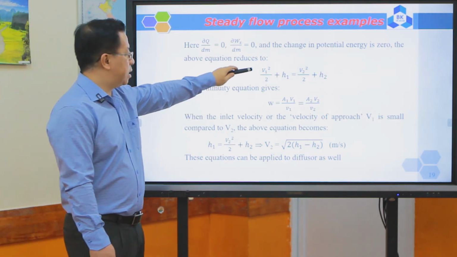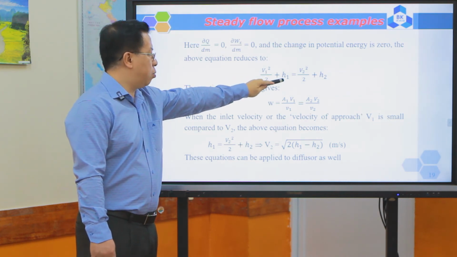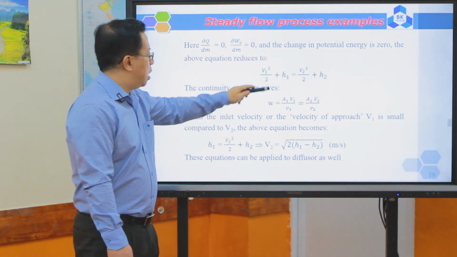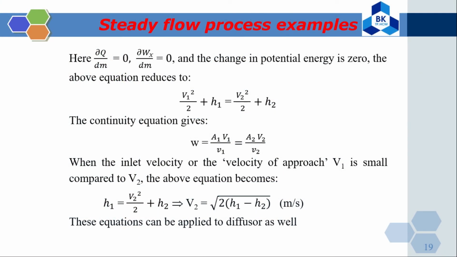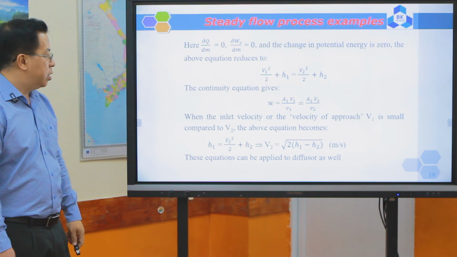In this case, V1 is the velocity at the input section and H1 is the enthalpy at the input section. Similarly, V2 and H2 are the velocity and the enthalpy at the output section. The continuity equation gives W equal to A1 V1 over small v1, equal to A2 V2 over small v2.